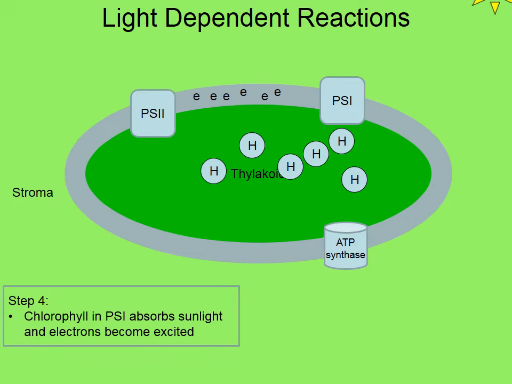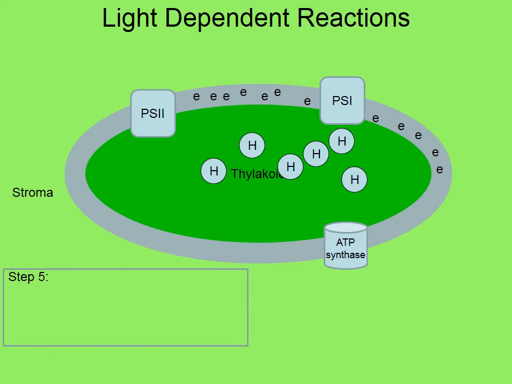There's chlorophyll in photosystem number 1, and when sunlight strikes photosystem 1, the electrons of chlorophyll become excited, and just like we saw a moment ago, the electrons enter into the thylakoid membrane. And this is going to continue our electron transport chain, the chain reaction of events that takes place because of all these electrons.